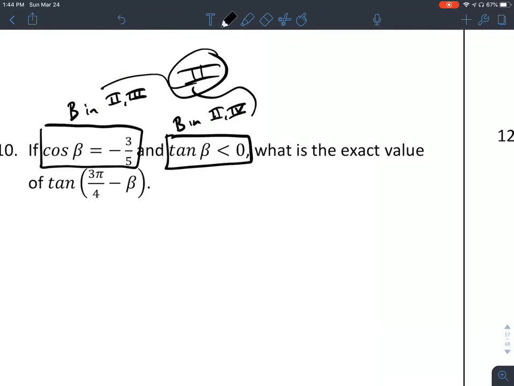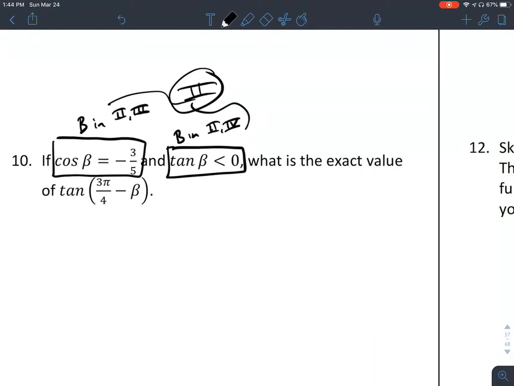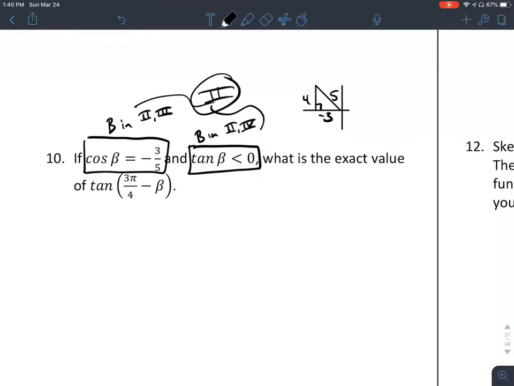So if it's in quadrant 2, I guess that's really not that helpful. At least it doesn't appear to be at this point. If our right triangle has an x value of -3 and an r value of 5, the y value is going to be 4. It's a Pythagorean triple. So let's do this difference identity.